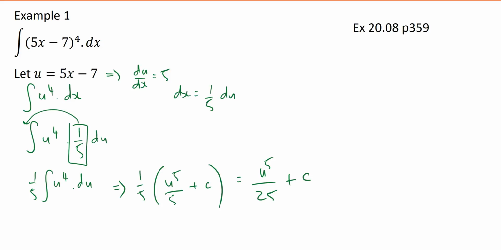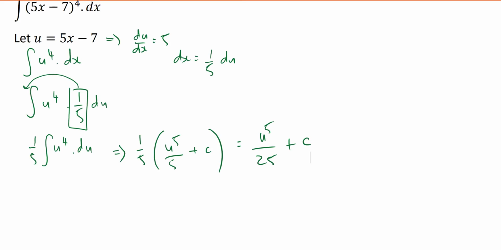Let's do it in terms of x. So my answer is (5x minus 7) to the power of 5 over 25 plus c. Are you happy with that? When I do that differentiation, what's going to happen to the power of 5? It's going to be brought down the front, giving 5 25ths.